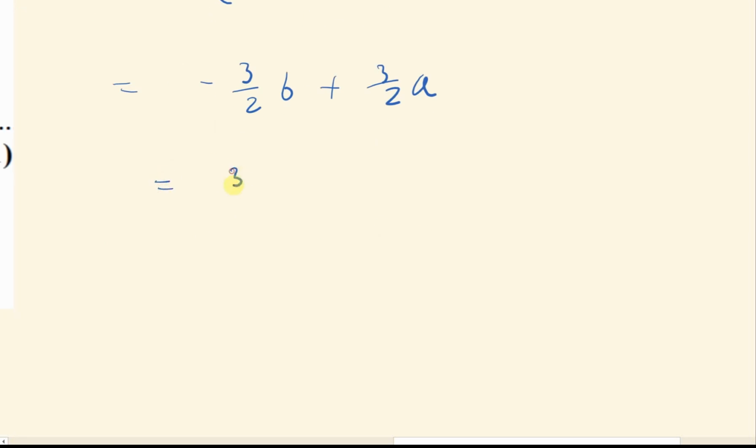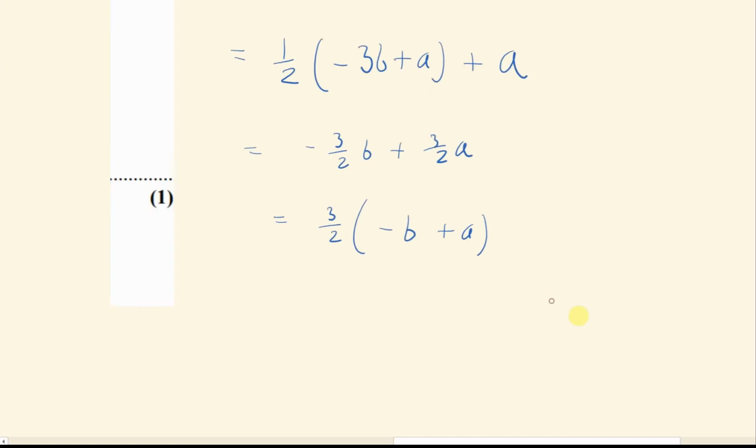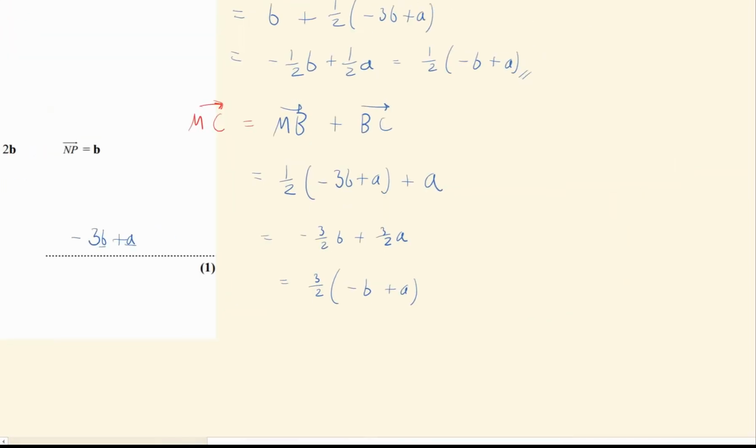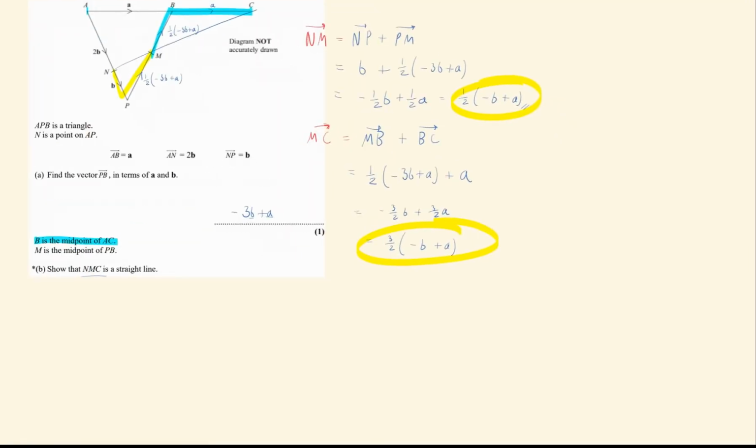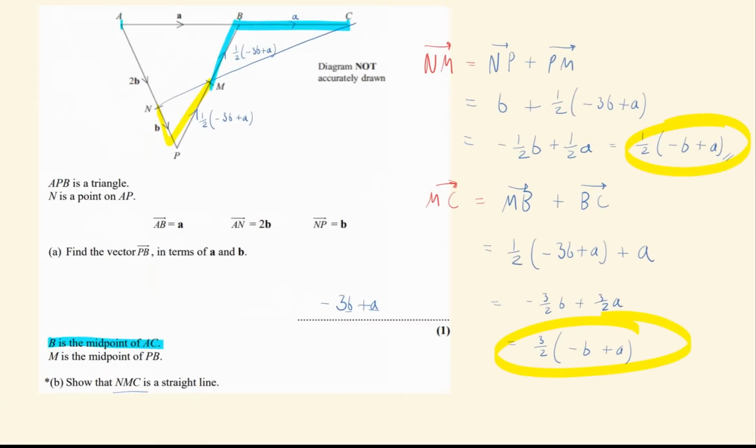We can take out a factor of 3/2, so I'm left with minus B plus A. And if I compare that, we can see that both these two things are the same. And that proves it. You would then say, because these vectors both have the same terms in the middle of the factorized brackets, they must be parallel, which therefore means NMC is a straight line.